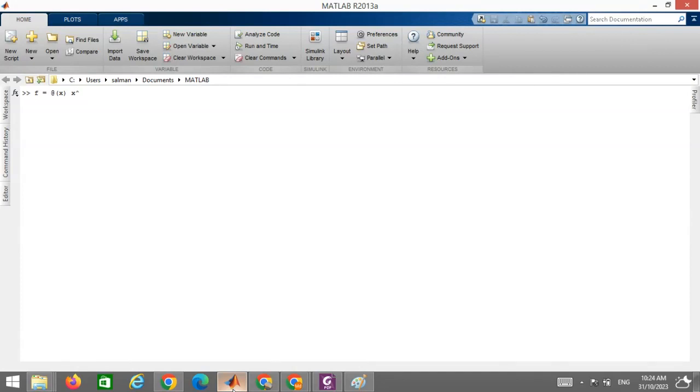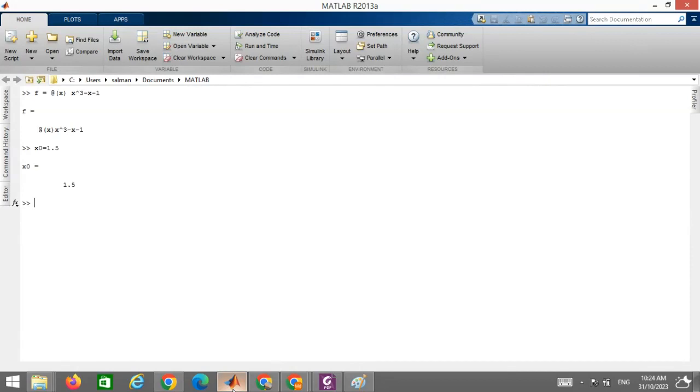This is the MATLAB way of writing x cube: press shift and 8, which gives you a caret. So this is x cube minus x minus 1. Now we have this f of x. Also, we know our initial guess x naught is 1.5, correct? Let us give that value also: x naught is 1.5.